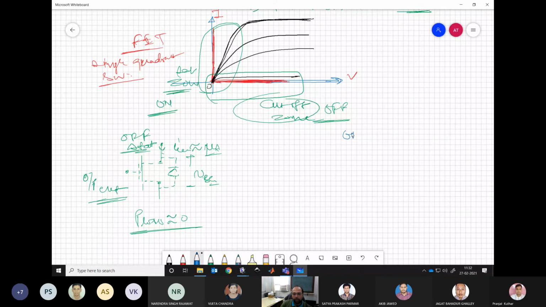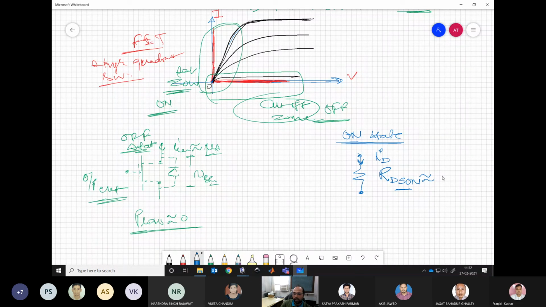Now, if we come to the on state, what we observe from the characteristic is that it begins from zero, and then there is a slope which is not very sharp, not very steep. Which means the dominant component in the on state equivalent circuit is a resistance, called RDS on. Whenever the device is on, it is equivalent to a resistance, and depending on the current flowing, there would be power loss in the device.